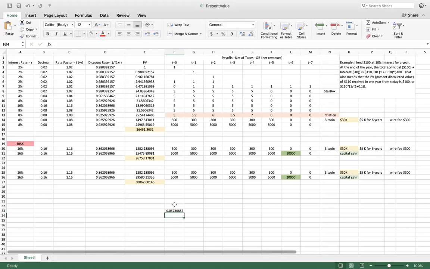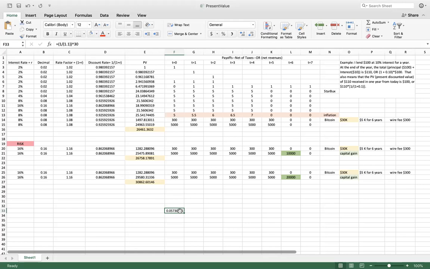So what you'll see in a minute is that a dollar promised to me, assuming that the interest rate is 10%, that's going to be given to me in 30 years, is only worth about a nickel, a little bit more, say 6 cents today.